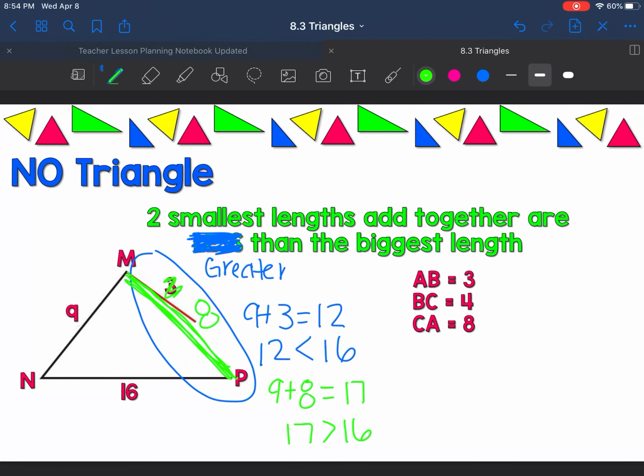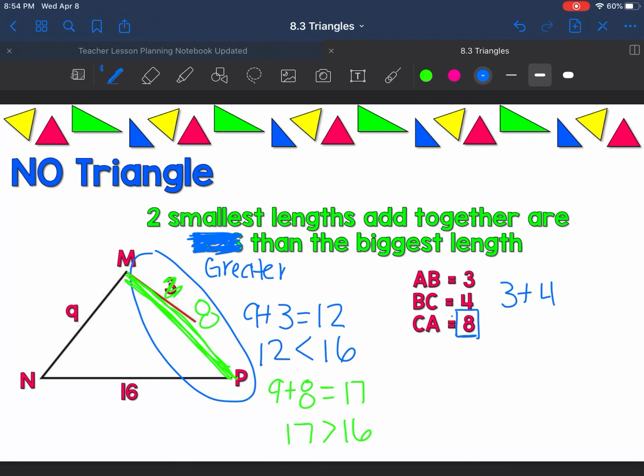Excuse my ugly line, connecting M and P, but in order for a triangle to be an actual triangle, the two smallest links need to add together and be bigger than the biggest link. So let's take a look over here. I have 3, 4, and 8. What's my biggest number here? 8.